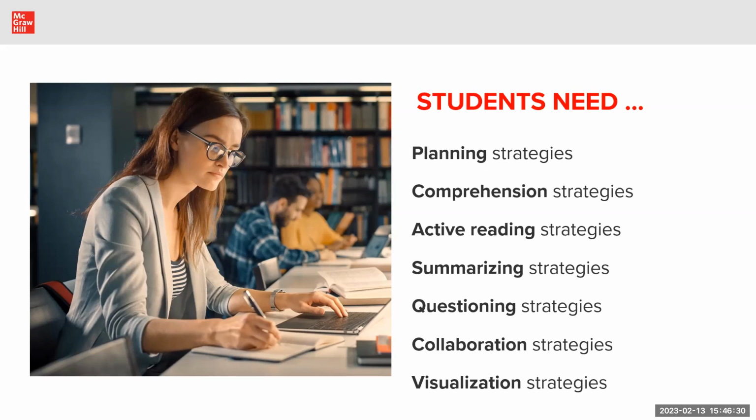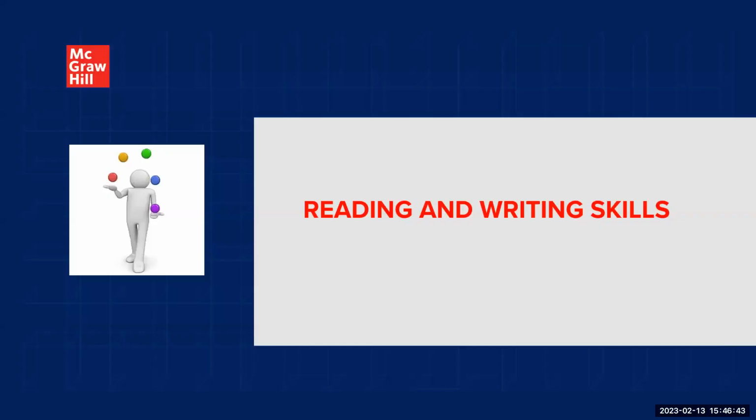So those are all the soft skills that our students need and that we will be helping to provide them with in order for them to make the most gain in learning the academic skills of reading and writing. Okay, so let's move on to reading and writing skills.